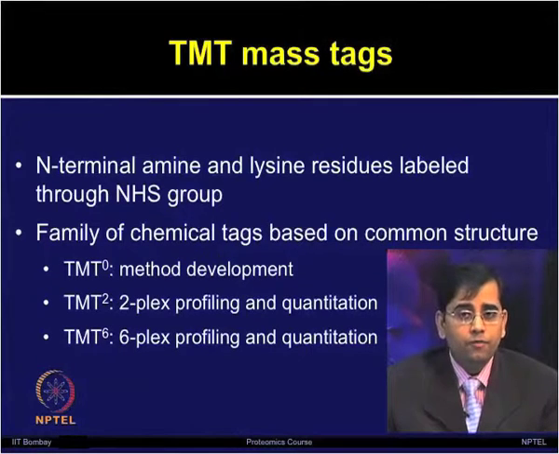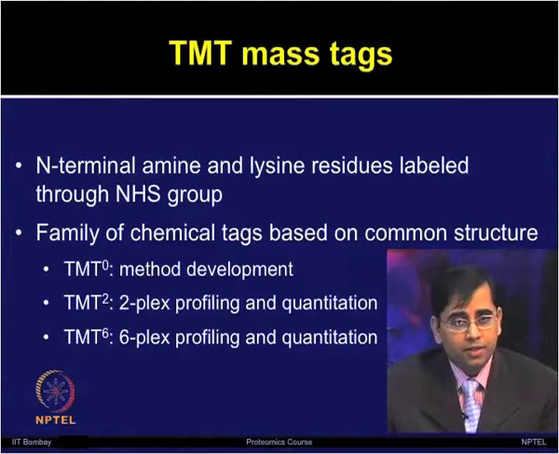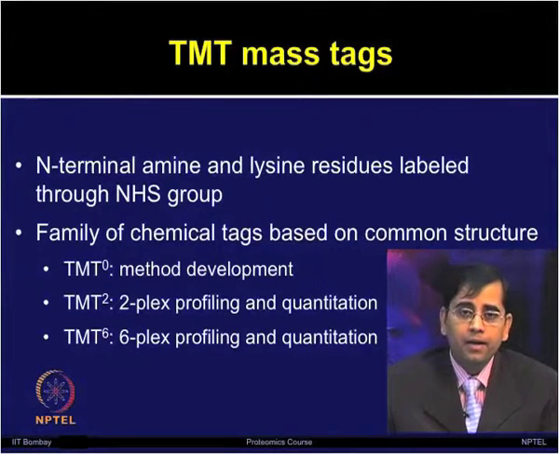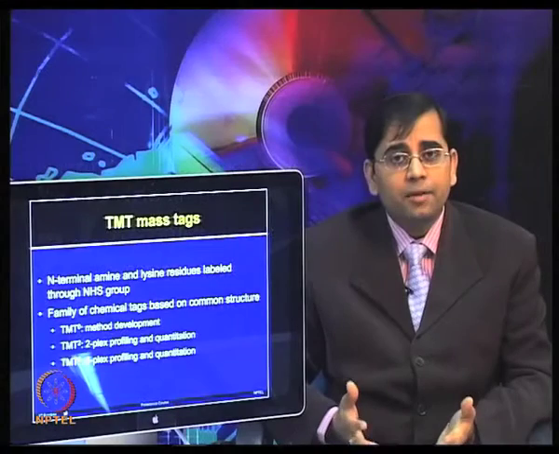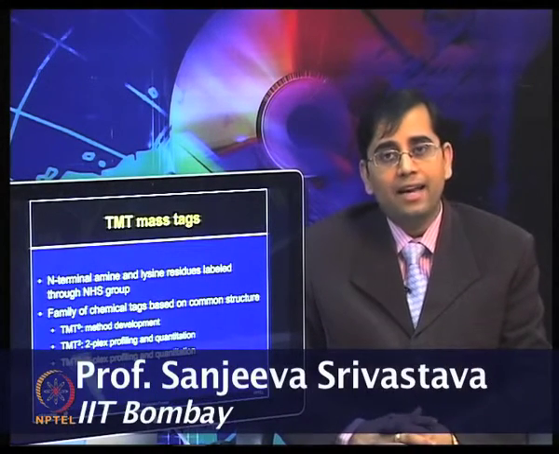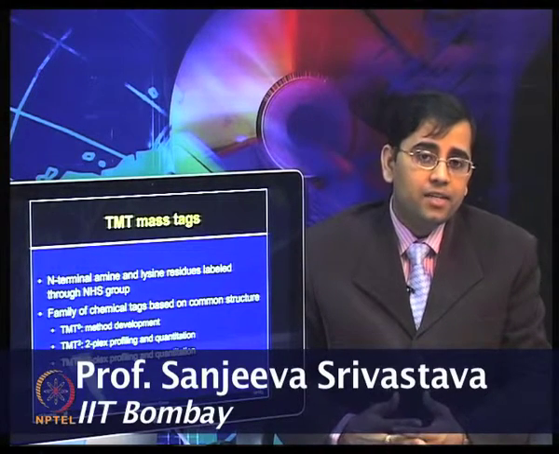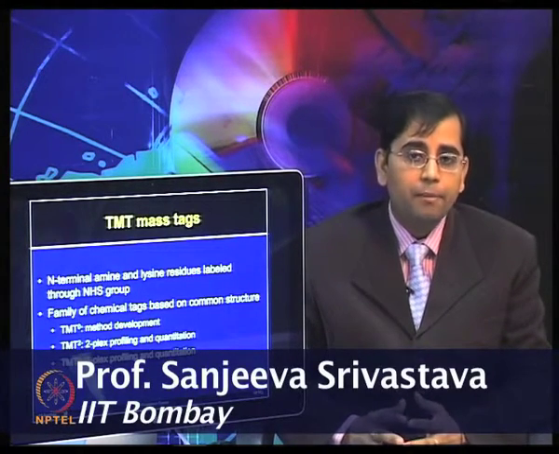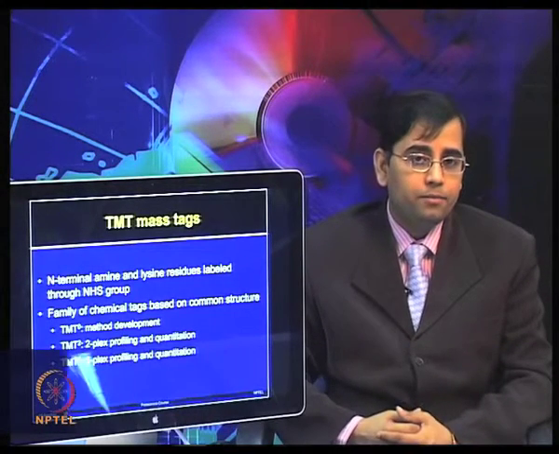There is a family of chemical tags which are based on common structures. The series of TMT tags available: TMT 0, TMT Duplex, TMT 6plex. So, these TMTs are an innovative set of isobaric mass tags for labeling proteins and peptides at amine functions, and mixing of up to 6 different protein samples is possible.